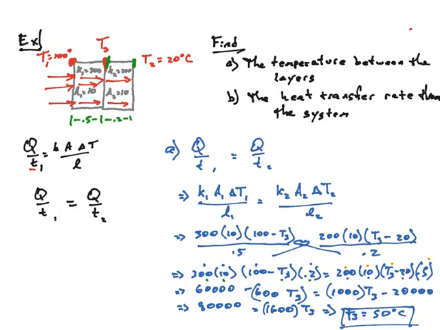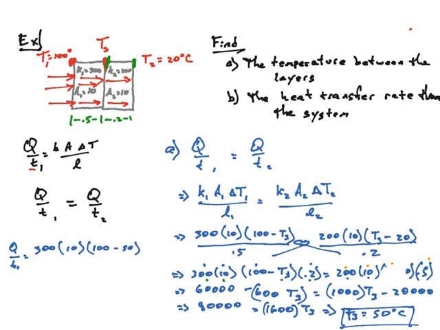Now what about part B, the heat transfer rate through the system? Well, all I have to do is either find Q over T1 or Q over T2. Either one will do it. So just pick one. It doesn't matter what you pick. Let me pick Q over T1. Q over T1 equals K1, 300, A1, 10, delta T1, 100 minus T3, but I now know what T3 is.